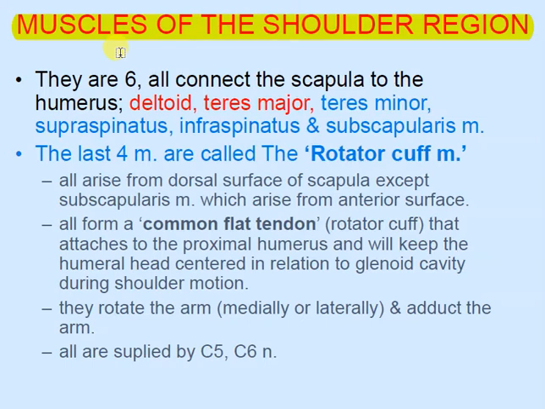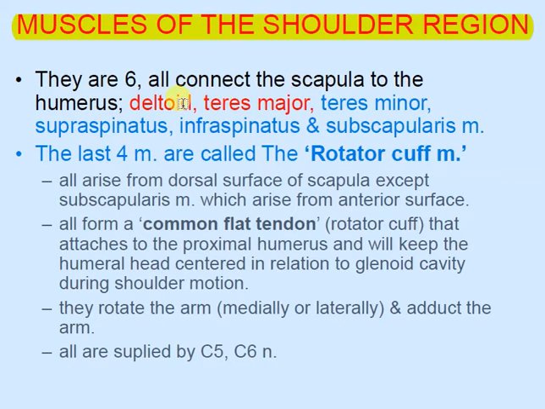We have the shoulder region, the arm, the forearm, and then last the hand itself. The shoulder region has 6 muscles, all connecting the scapula to the humerus.